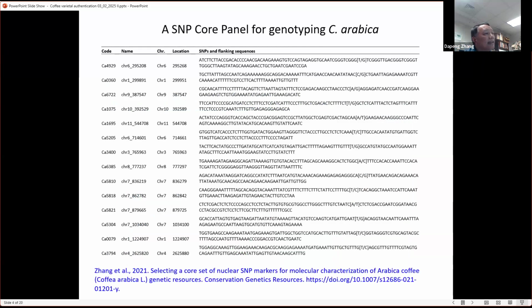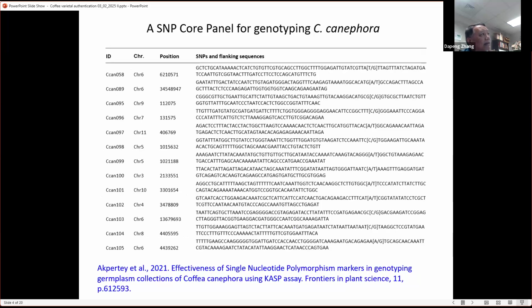And then we selected a core panel for Arabica coffee genotyping and genotype identification. And here is a truncated form of the Arabica low density panel. And here is a truncated list for the Robusta coffee genotyping. Both have been used on a large scale for germplasm identification, breeding stock verification, and seed lot authentication.